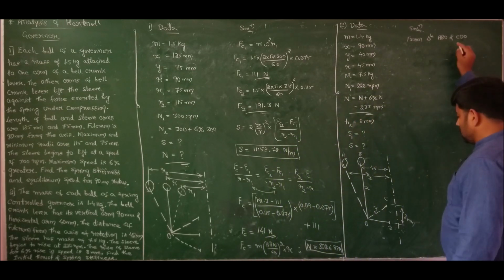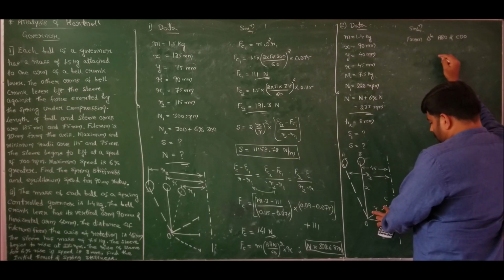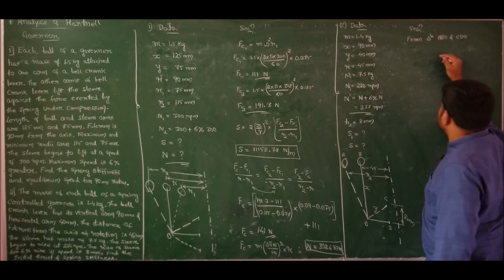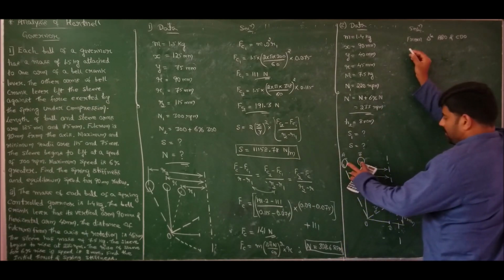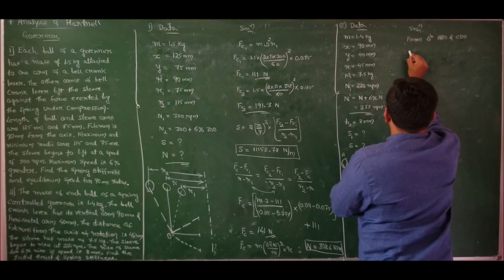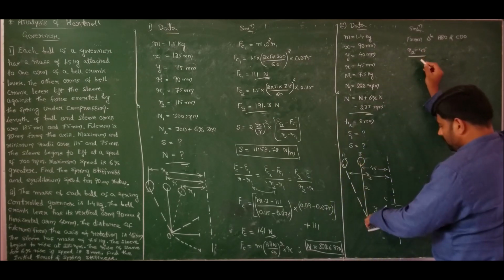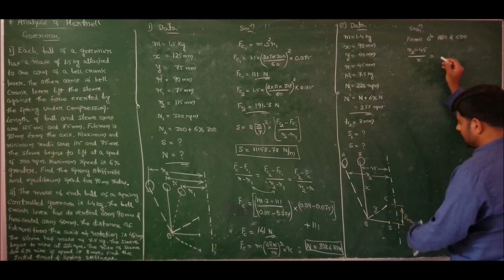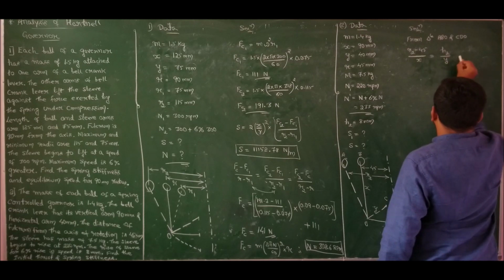So I can write hypotenuse into opposite side should be equal to hypotenuse into opposite side for these similar triangles. So what can I write? AB is R2 minus 45. Opposite side is R2 minus 45 divided by hypotenuse X. This must be equal to this 8 mm, which I call H2, divided by Y.